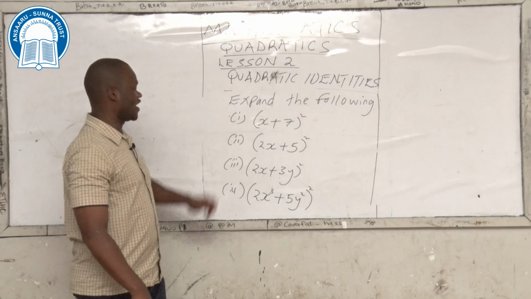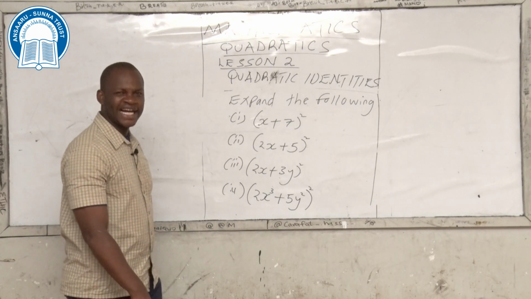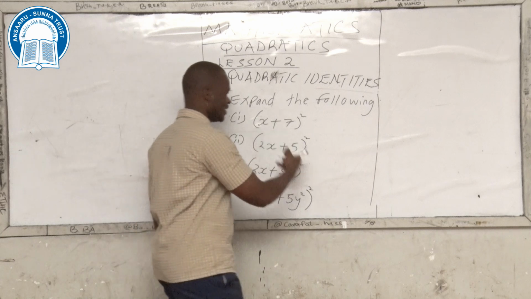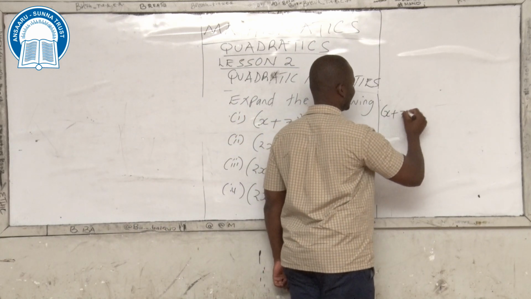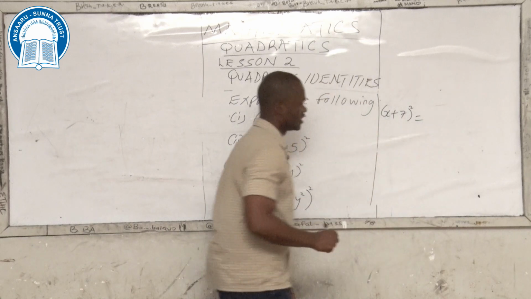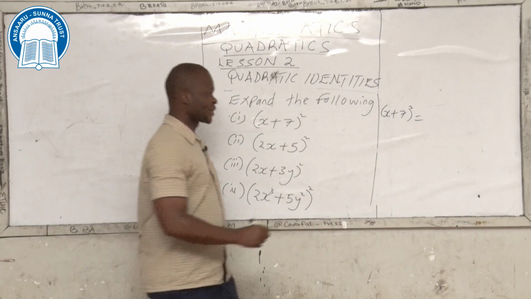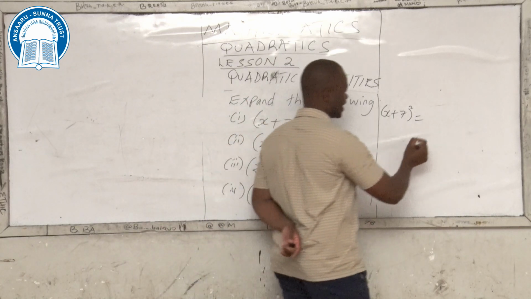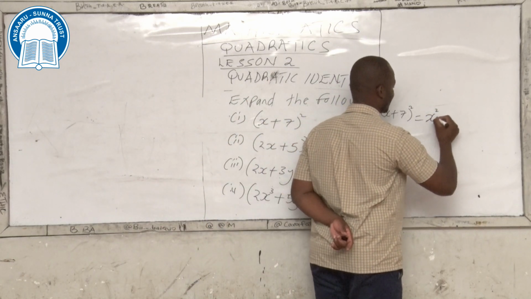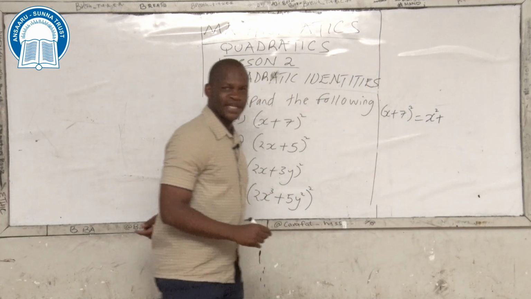So how do you go about expanding this using that first quadratic identity? Whatever steps we have outlined are the steps to be undertaken. So what will we get there? We square the first term in the bracket on our left hand side to give us x squared.